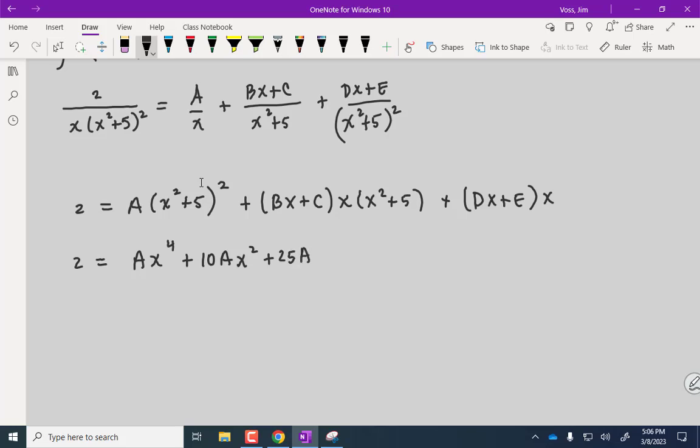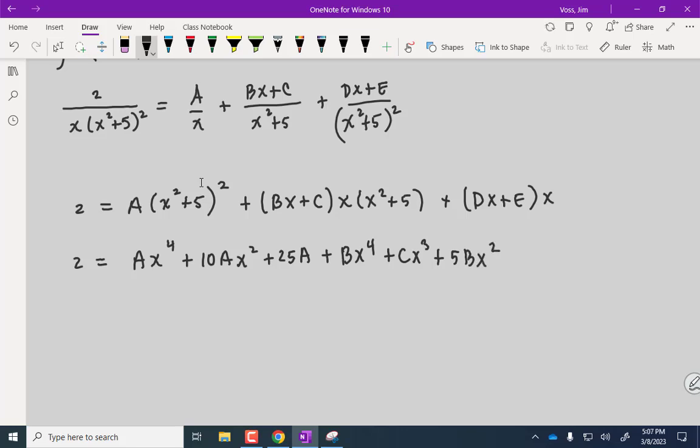Now we have to multiply this second part. We're going to have bx cubed times x, which is bx to the 4th. No, let's do cx squared. So cx squared times x is cx cubed. We'll do it in descending order. And then bx times 5 is 5bx, but times another x is 5bx squared.